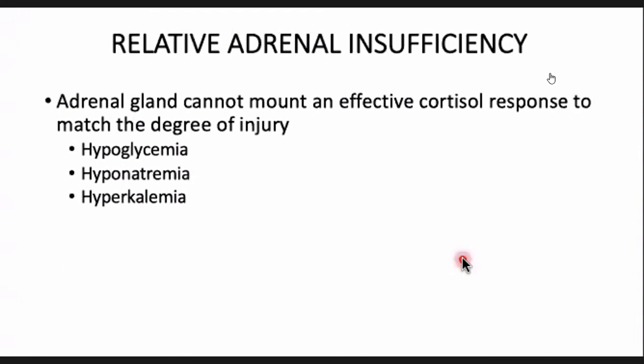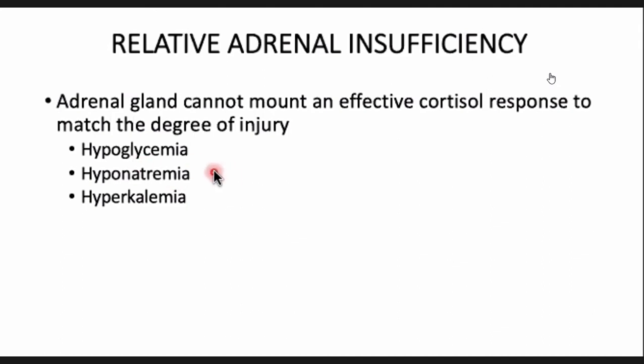During states of cellular injury, like in inflammation or sepsis, there is what we call a relative adrenal insufficiency. The adrenal gland cannot mount an effective cortisol response to match the degree of injury. That's why we give supplemental steroids in the form of hydrocortisone in patients in septic shock.